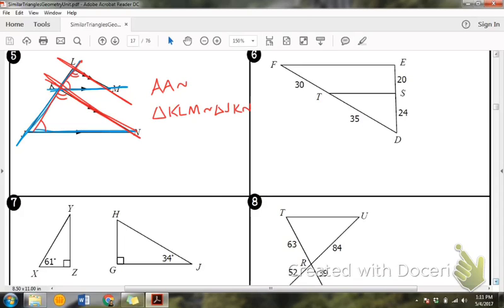You all right? Okay, any questions on that? The rest of them are the same kind of thing. Okay? Let's look at this homework, and I'll tell you which ones to do on homework 19.